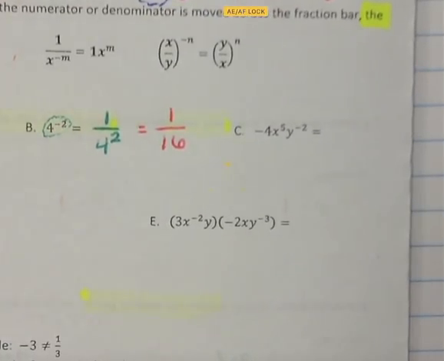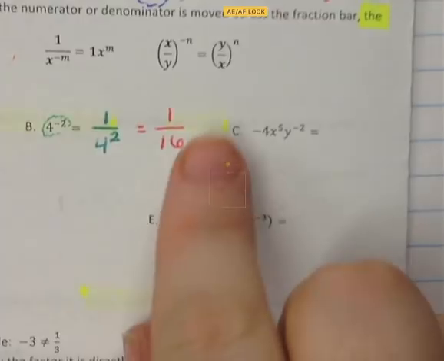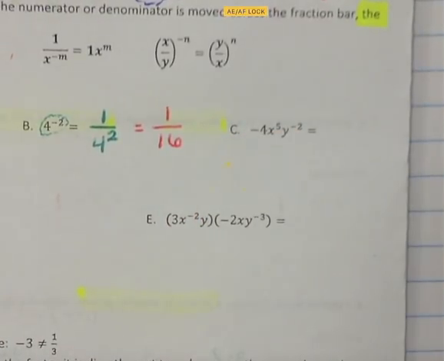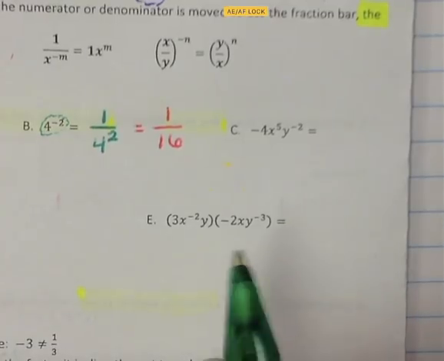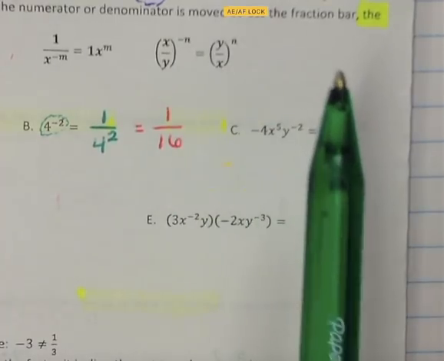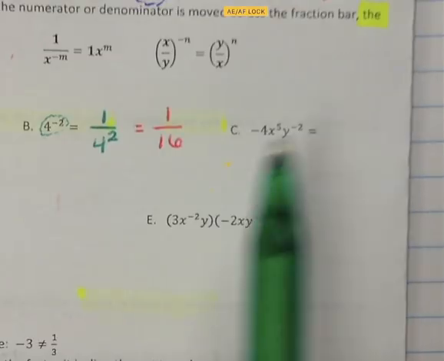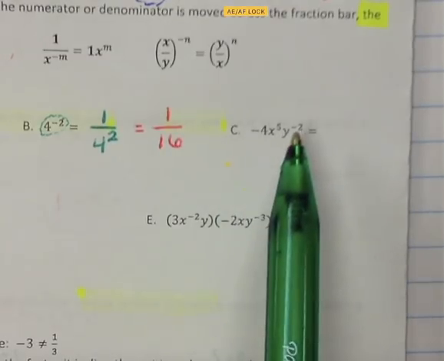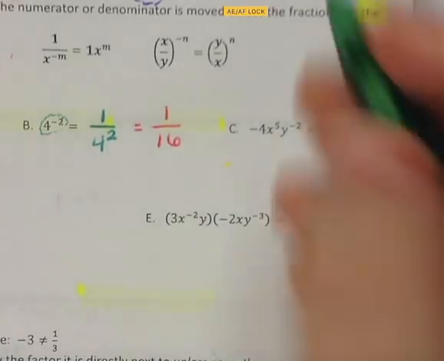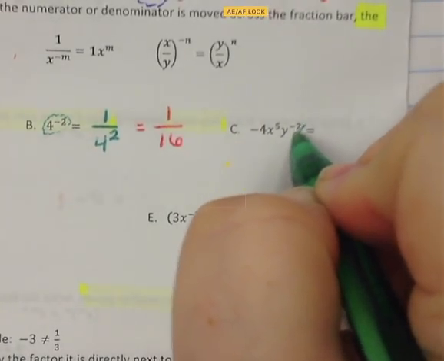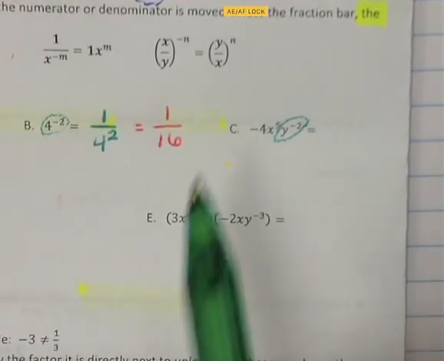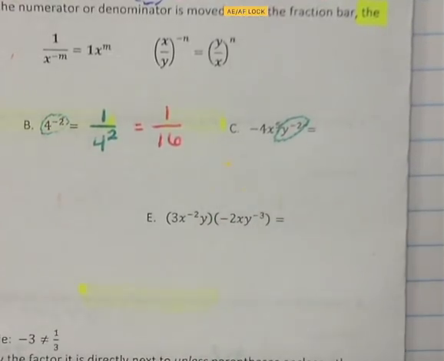On example C, we have a negative 4 and then a y to the negative 2. Now the question is, which part needs to change? The only part that changes is the negative in the exponent. So this negative on the 4 does not need to change. Only the y to the negative 2. This negative 2 is attached only to that y. So only that y will move to the bottom.